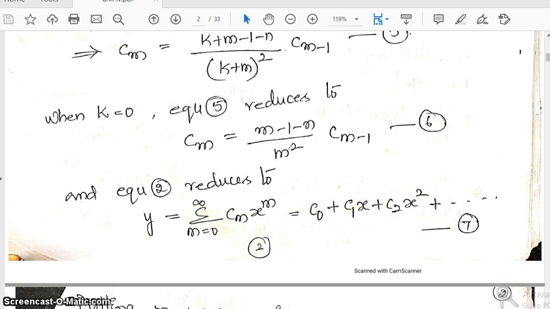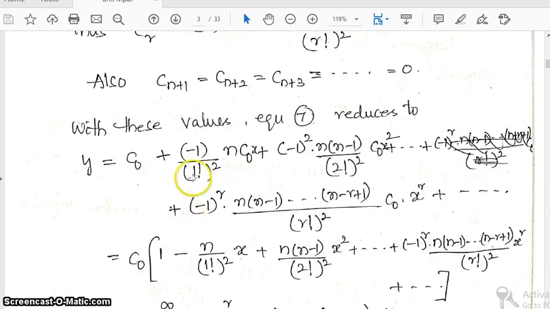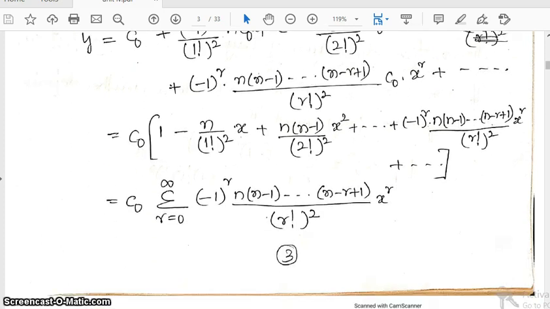Taking C_0 as common, we will get C_0 into 1 minus (n by 1 factorial) whole square into x plus n into (n-1) by (2 factorial) whole square into x square plus so on.